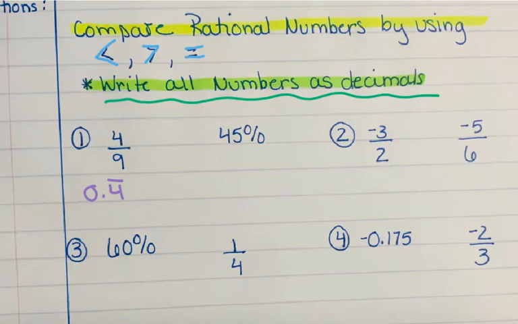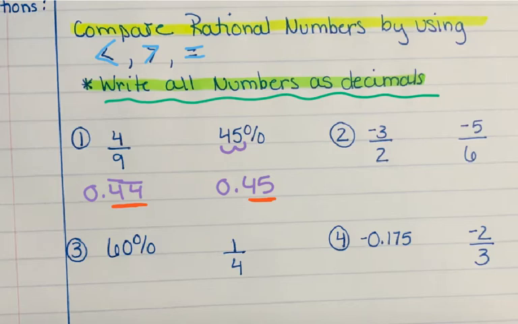To change 45% to a decimal, remember we moved that decimal place 2 places, so this becomes 0 and 45 hundredths. Now, we always want to make sure that we have the same number of digits behind the decimal when we're comparing. So I need to come over here and add another 4. Now I have 0 and 44 hundredths compared to 0 and 45 hundredths.